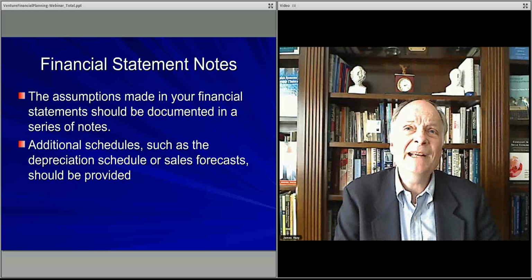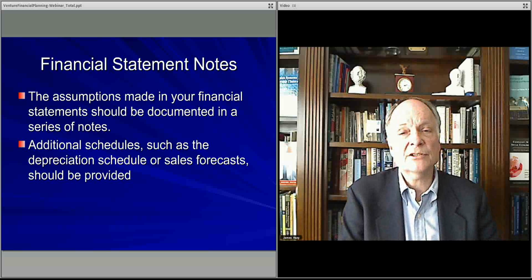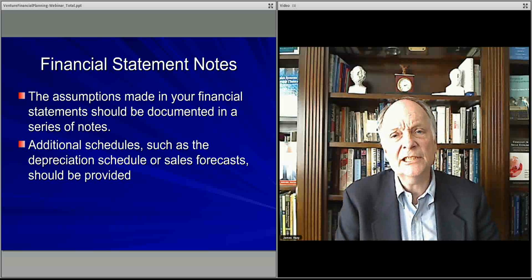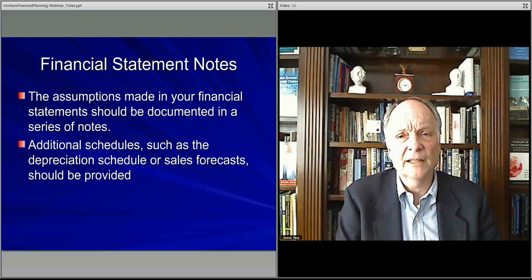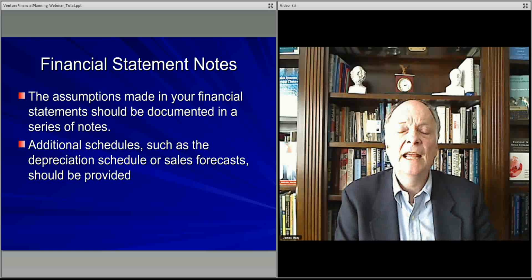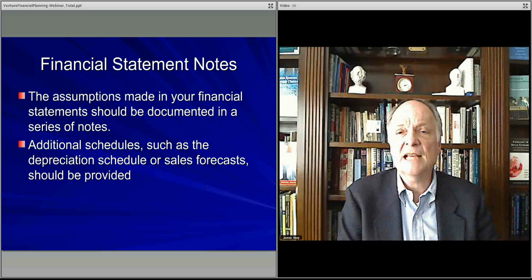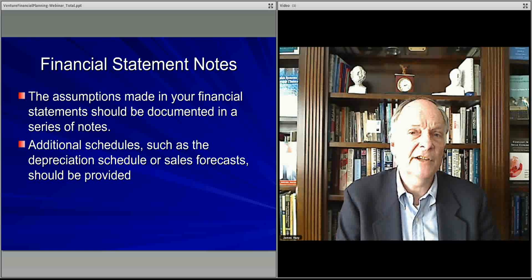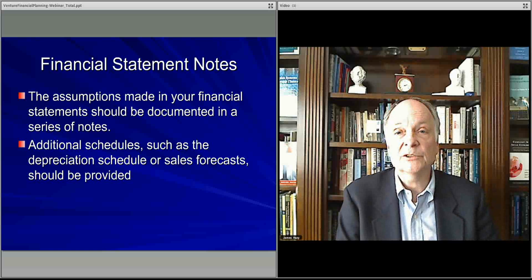So anyone that's reading the financials closely and has a question, they can go to the notes and at least get an initial answer to their question. How did they calculate these units? What do they think they're going to be able to sell per month? What is in a unit? What are the cost components in their unit cost? There'll be schedules associated with that. This makes for a complete picture of how you figured out your pro forma financial statements.